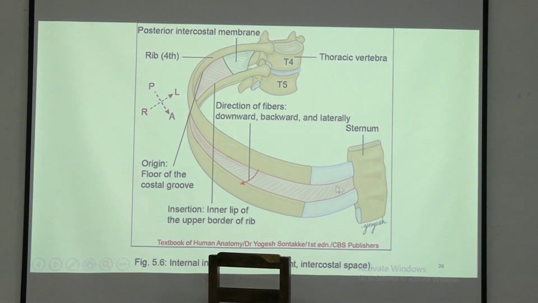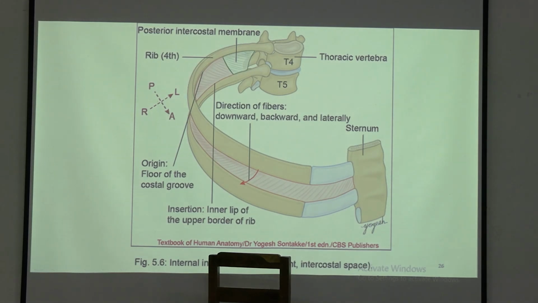You can see the fibers are downwards, backwards and laterally, at right angles to the direction of the fibers of the external intercostal.